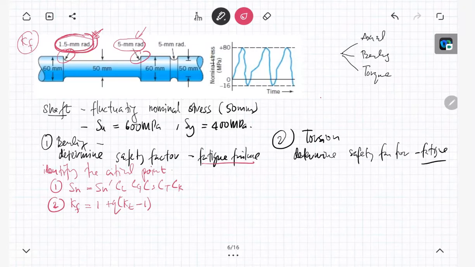So we need to calculate the Kf, this is the critical one. The third one is the original sigma mean.